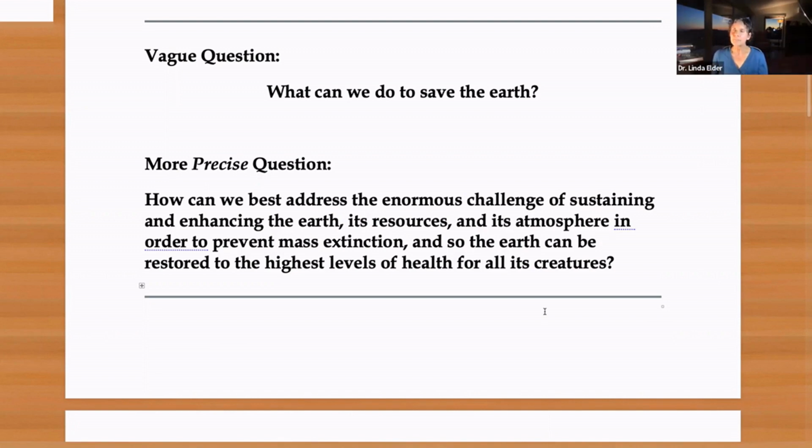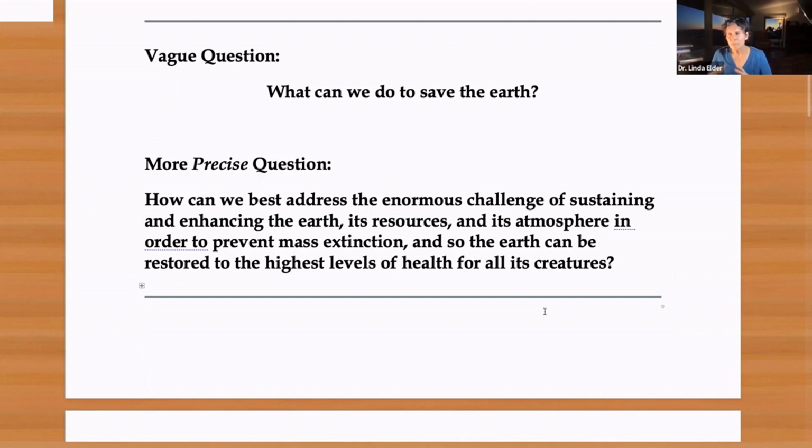So this question, how can we best address the enormous challenge of sustaining and enhancing the earth, its resources, and its atmosphere in order to prevent mass extinction, and so the earth can be restored to the highest levels of health for all its creatures?